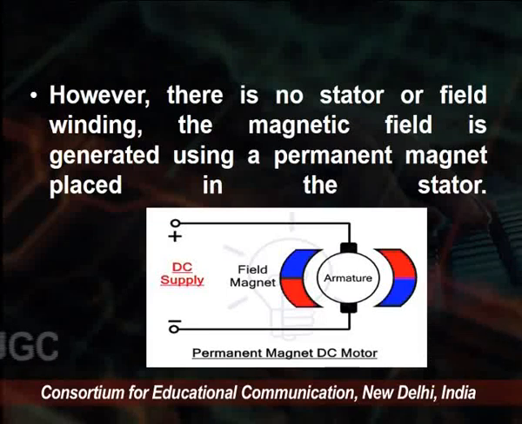So we use the permanent magnet in this. When the armature winding carrying the input current is placed inside the north and south pole of the magnet, the magnetic field interacts with it, and the armature experiences a rotational force. So because of this it will rotate.